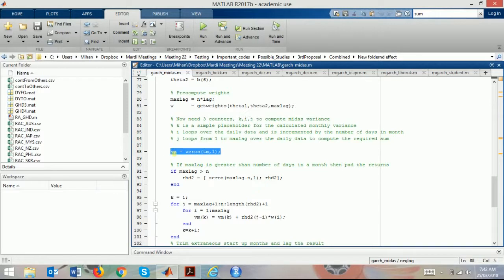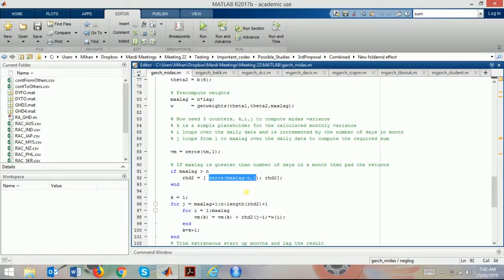Variance, monthly variance is 0, TM1. If max lag is greater than the number of days in a month, then pad the returns. Here maximum lag is not greater than the number of days, it's 18 days and 22 days. If it is greater, then in our hedge fund daily return we want zeros of max lag minus n, which is 18 minus 22.